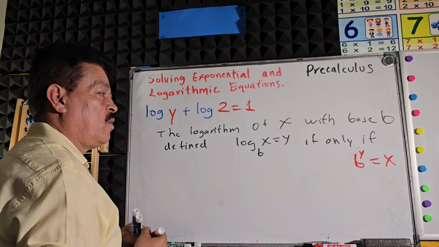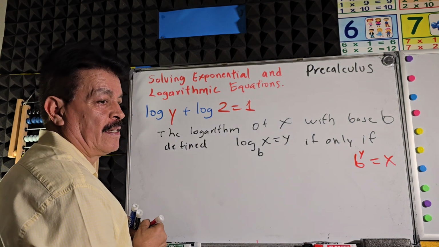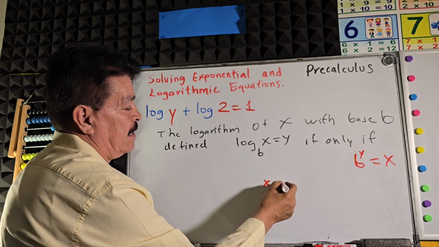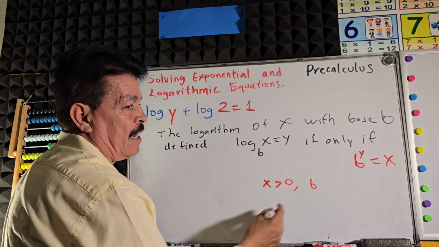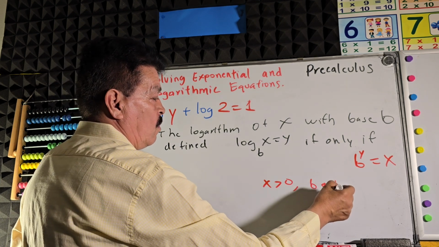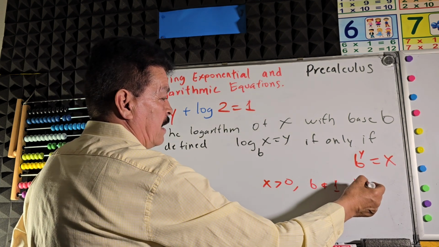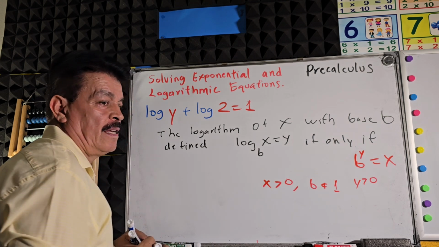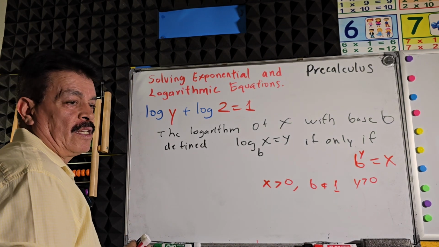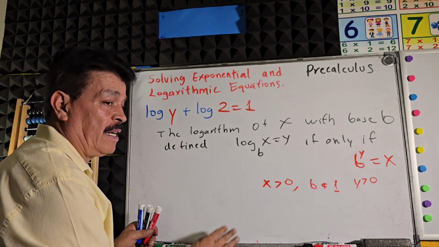This is the rule, where x is greater than 0, b is a number different from 1, and y is greater than 0. That's very important. Remember, I already explained it to you.